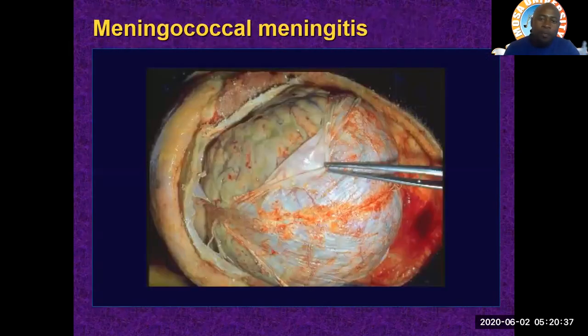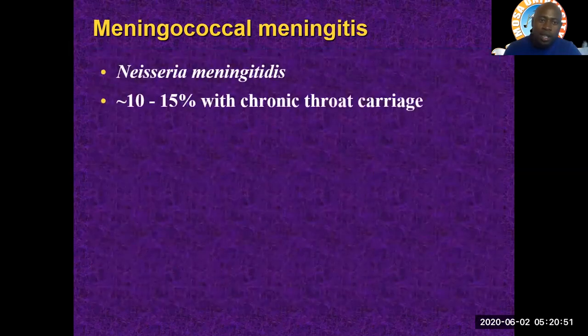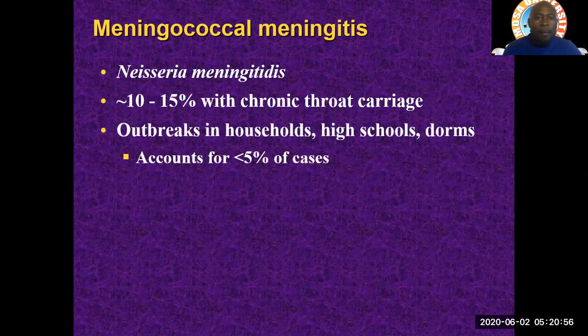So there, that's a picture of the brain. You can look at how it looks when you do a postmortem. So you can take time to Google more pictures so that you can familiarize yourself and see the way it looks. So we'll talk about meningococcal meningitis now.